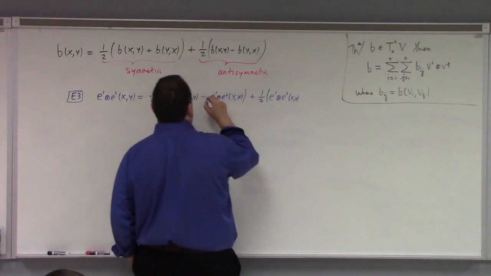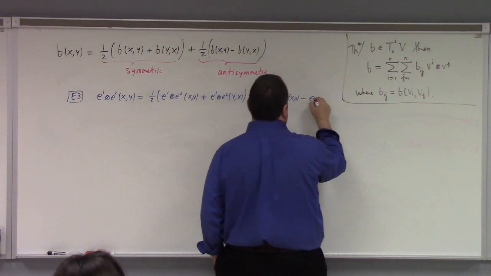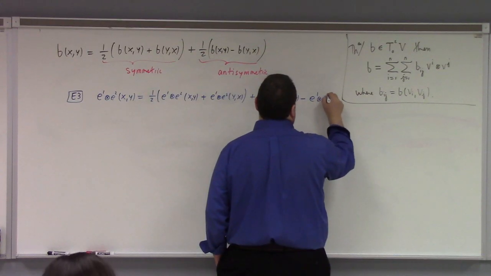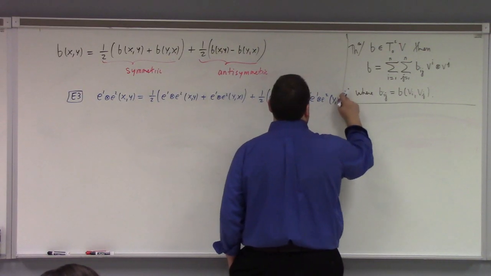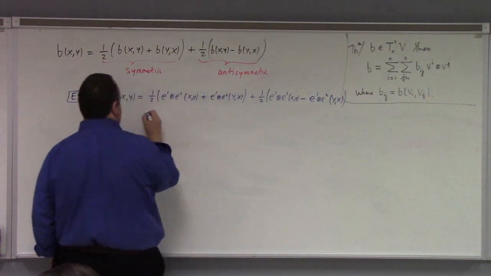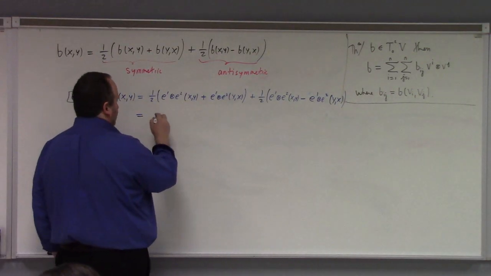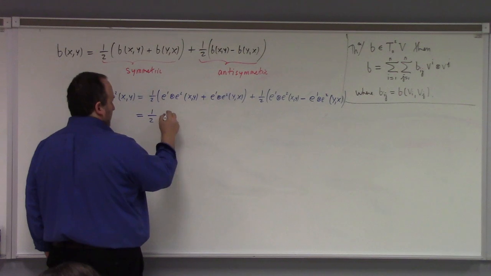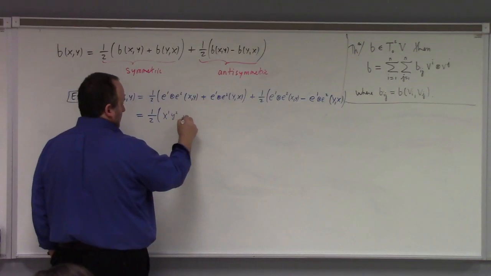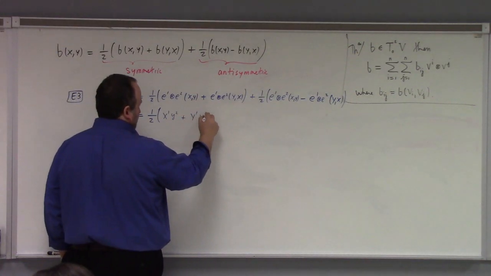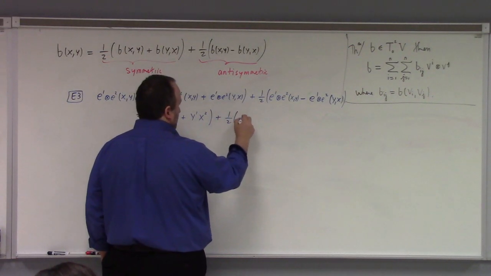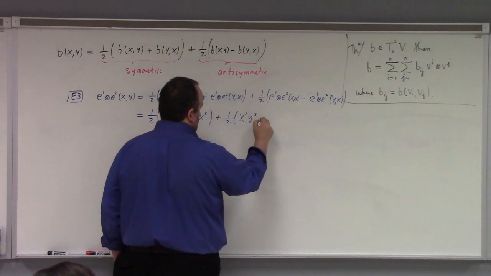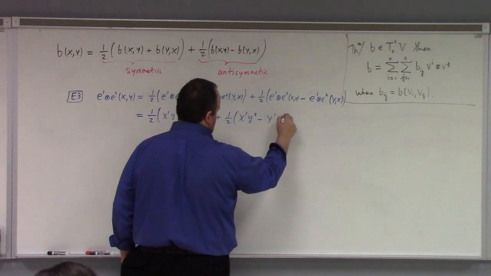Oh, I meant plus. The first one's a plus, the second one's minus. Now, let's actually play with this for a second. What's this give us? The first one's going to be 1/2 of x^1 y^2 plus y^1 x^2, plus 1/2 of x^1 y^2 minus y^1 x^2, I think.